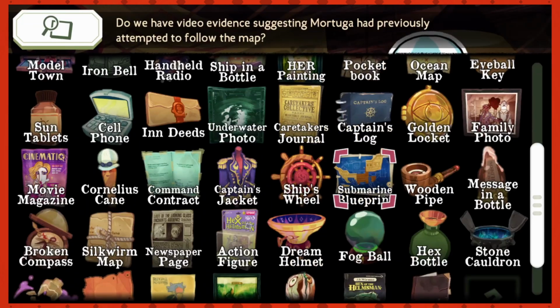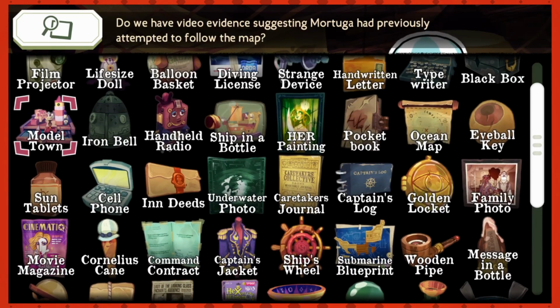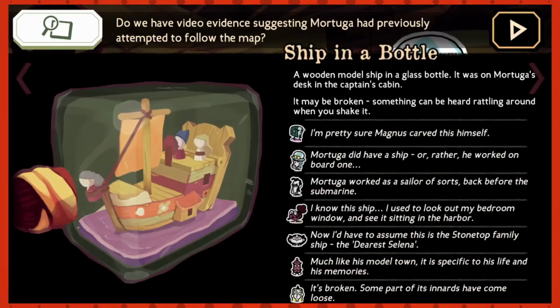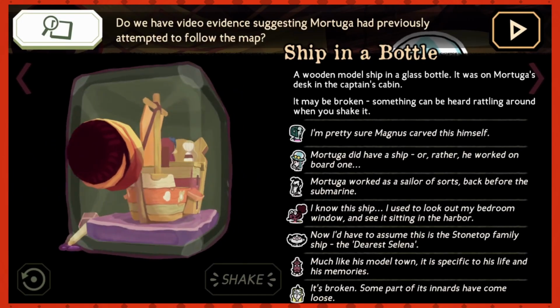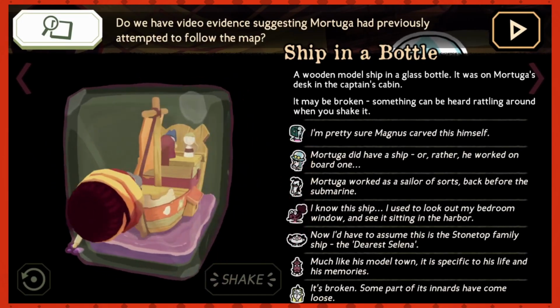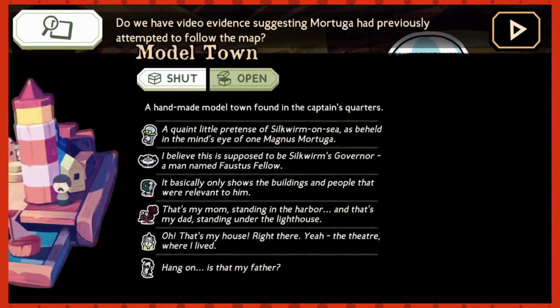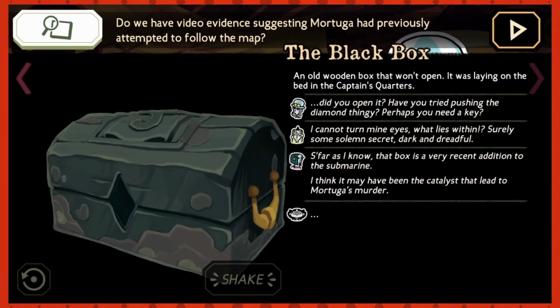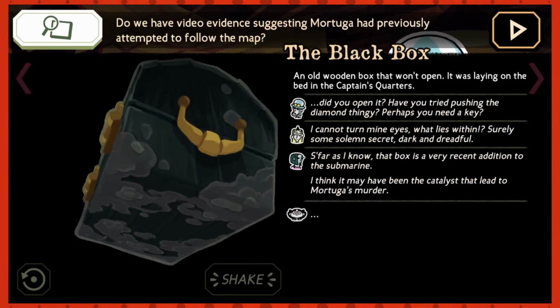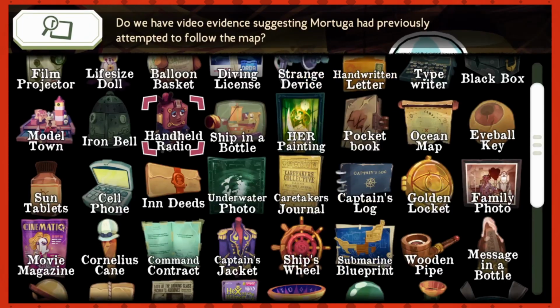That's not right. Oh, come on. That seemed so right, though. Damn it. What then? No. The bell. That's not it. What the hell is it then?